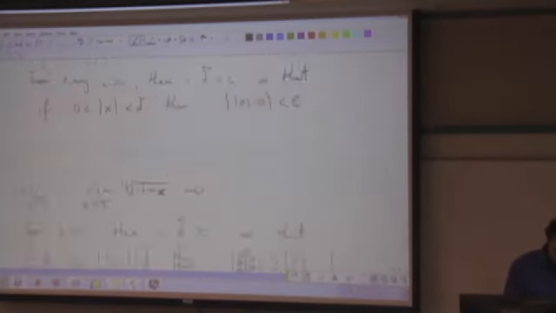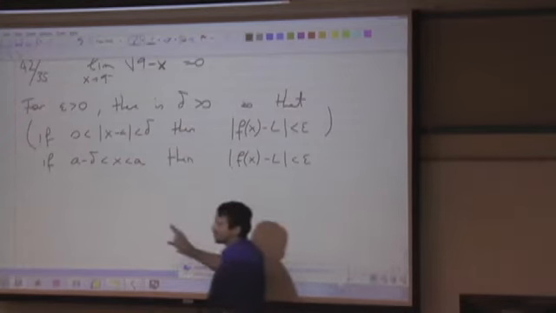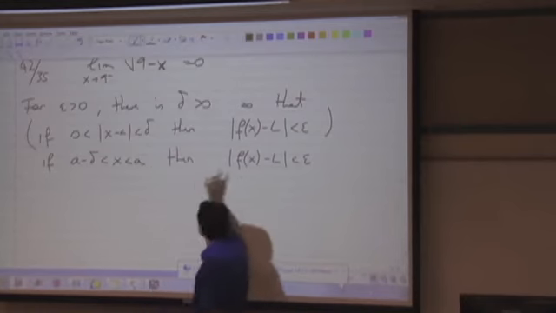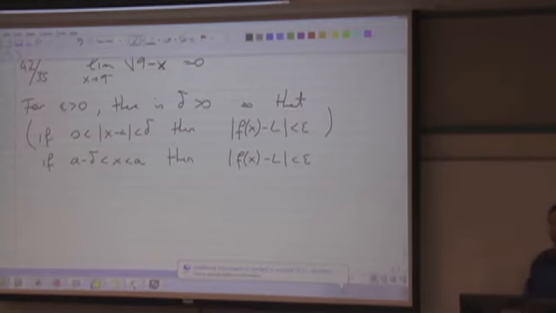Alright, so now coming back to 42, notice that I actually was able to eliminate absolute values as far as the left hand side is concerned, but I can't really do anything about the right hand side. Do you know why? Yes? Because epsilon has to be positive.